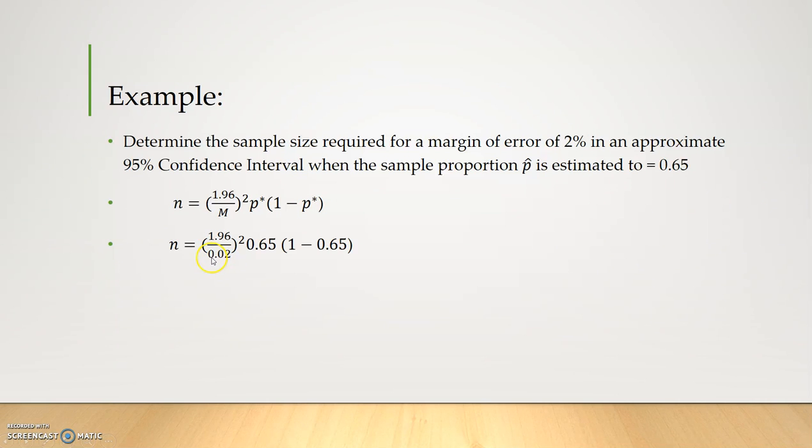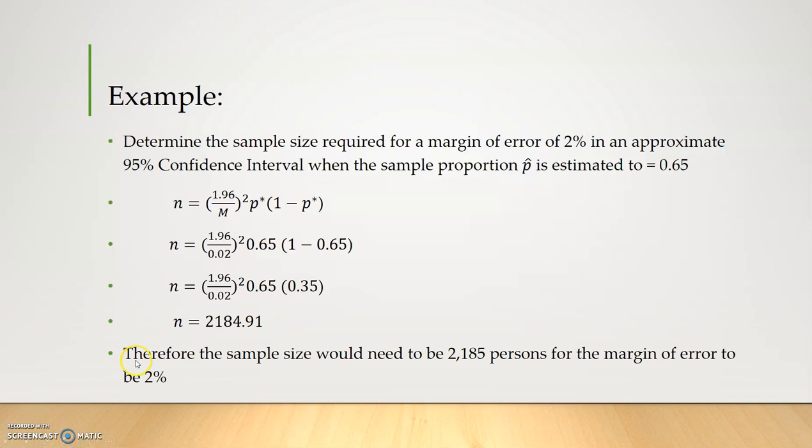We put 0.02 in for m in this formula and then work out the value of n. We find when we do this that n is equal to 2184.91. This means that the sample size would need to be at least 2,185 persons for the margin of error to be 2% in this 95% confidence interval.